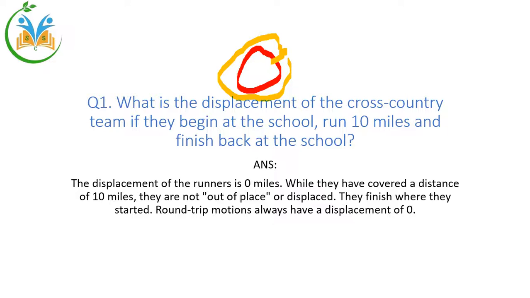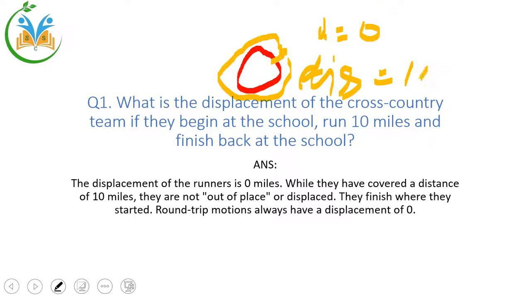Okay, so from here we know the displacement is the change in position, so displacement will be 0, and the distance will be 10 miles.